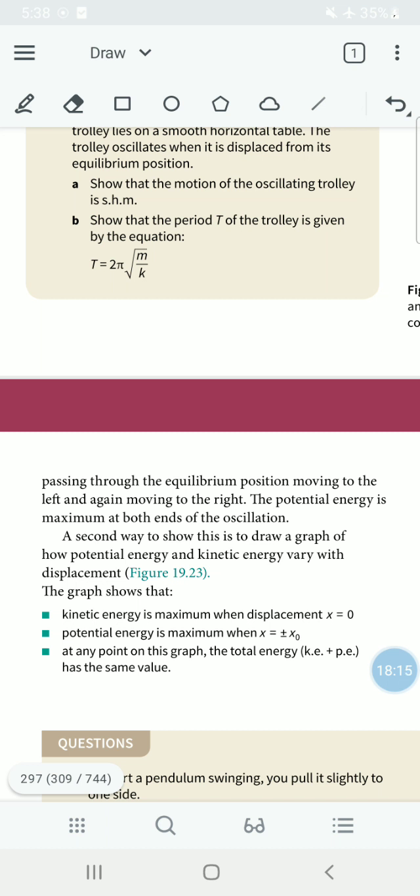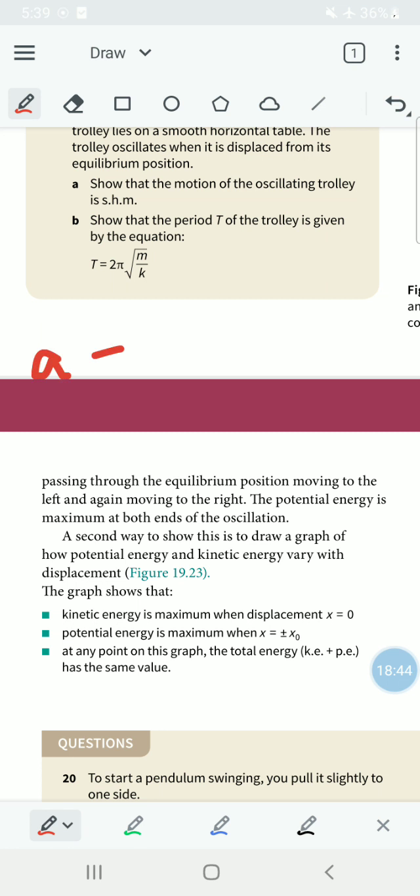Show that the period T of the trolley is given by the equation T equals 2 pi square root of m upon k. Here they are making you use all the knowledge that you have. What are the equations that you know for acceleration? Acceleration is equal to negative F upon m, from F equals ma. a equals negative F upon m.